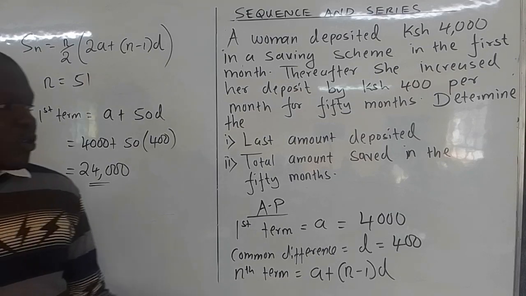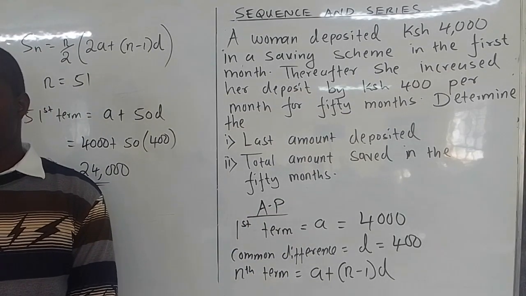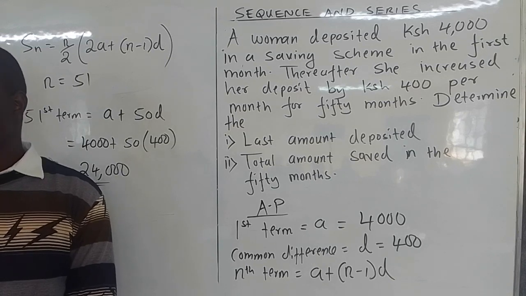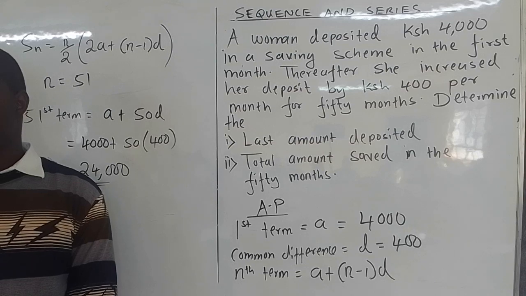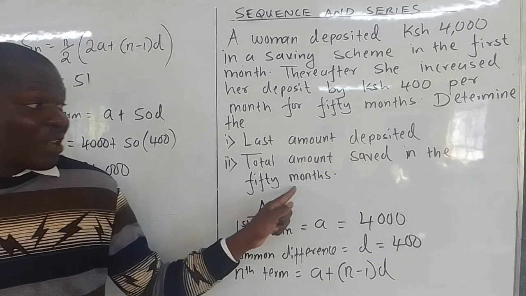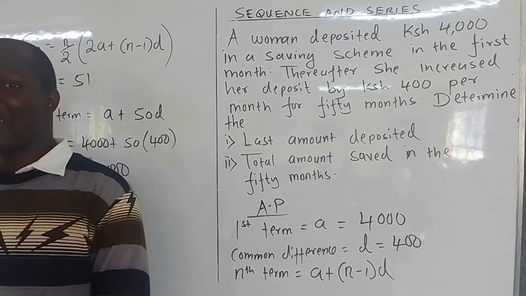Then what next do we want? The total amount saved in the 50 months. Do you understand that question? The total amount saved in the 50 months. How is that? Can somebody answer that?